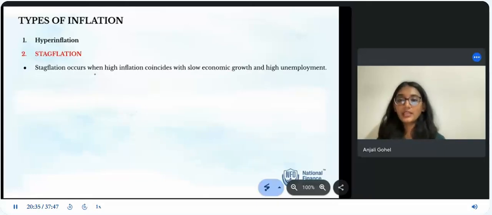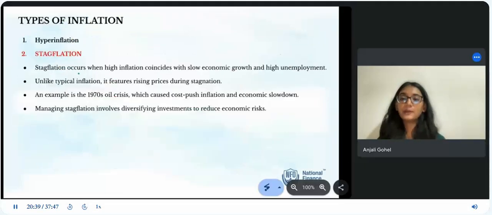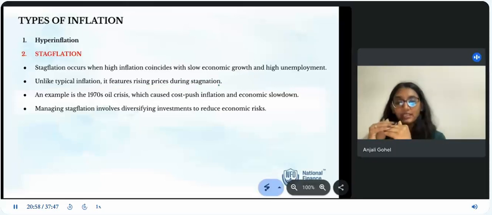Now, stagflation is when there is high inflation, but this will also coincide with slow economic growth and high unemployment. So basically, in this type of inflation, the prices are in a stagnant phase. Like it becomes very slow.